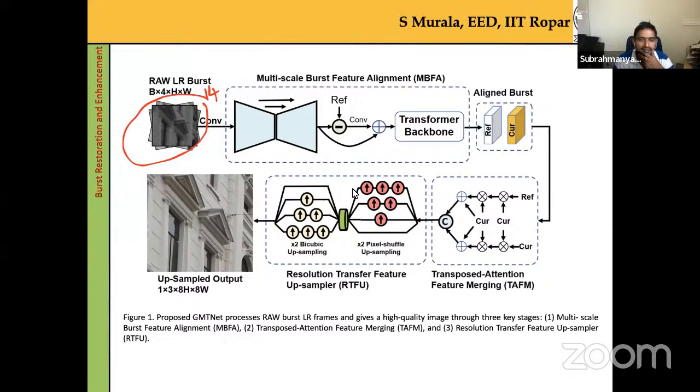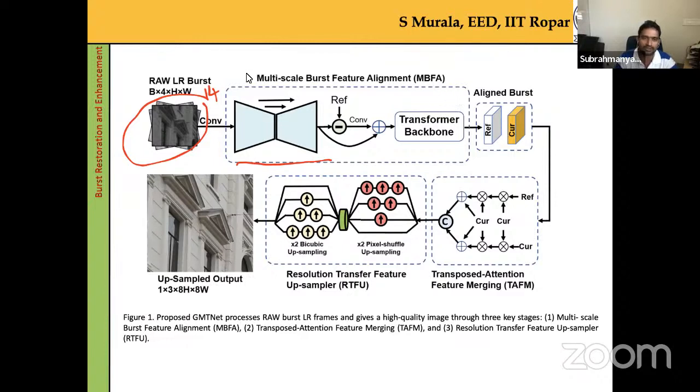Again, an encoder decoder kind of architecture is used here. As I said, we need to work on noise removal, because when we collect with different illuminations, noise is an issue. Another one is misalignment of the object locations. So that is the reason we have to work on burst super resolution with different modules.